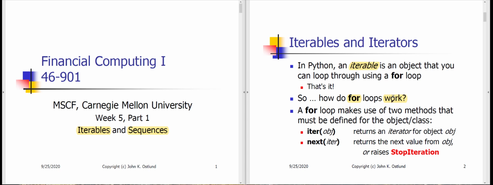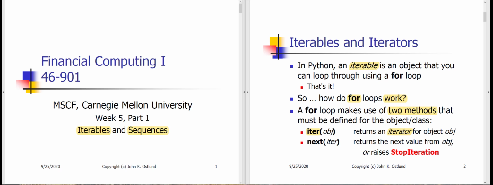A for loop makes use of two functions on the collection object through which it is iterating. Namely, the iter function, which takes an object as its argument and returns something called an iterator for that object.